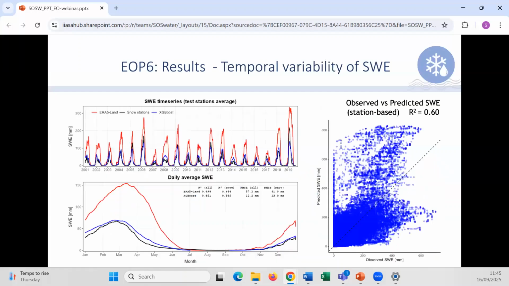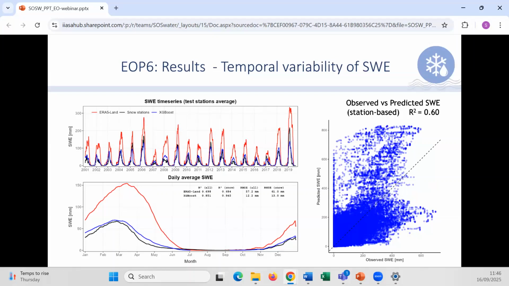When we compare it with observations, we see that the ERA5-Land snow water equivalent overestimates snow water equivalent significantly in the Upper Danube. The red line represents that, and the blue line represents the extreme gradient boosting predictions.